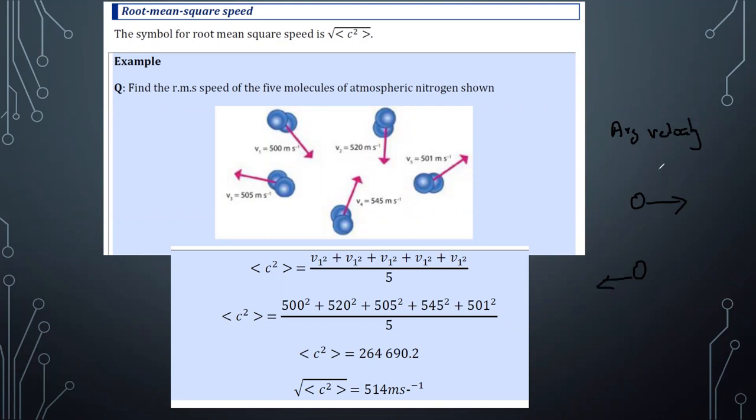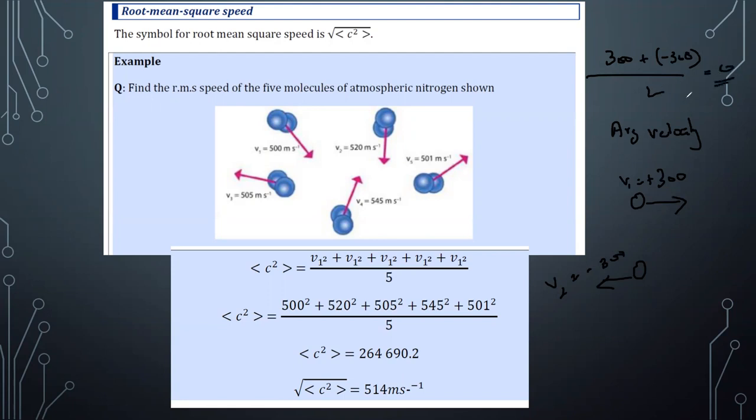So if I say this is 300 and this is also 300, but if this is positive, this will be negative. If particle 1 has velocity V1 and particle 2 has velocity V2, when I take an average, one is moving towards the right, another towards the left. So it will be 300 plus minus 300, divided by 2. So the average will be 0.